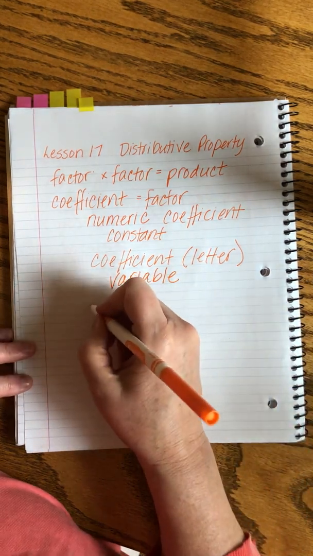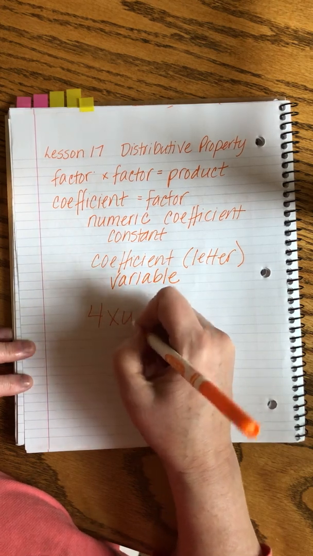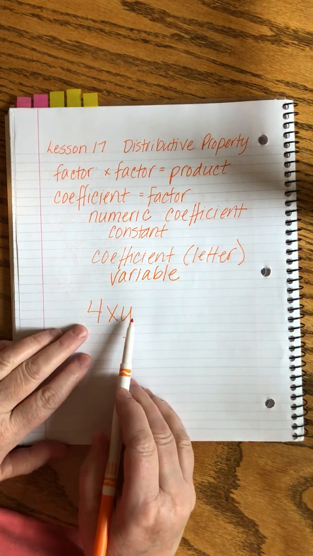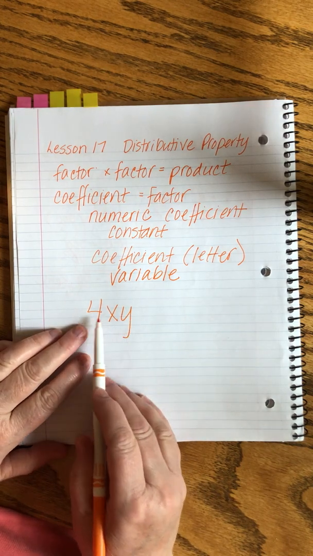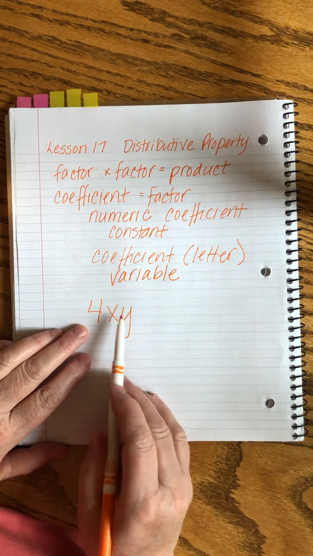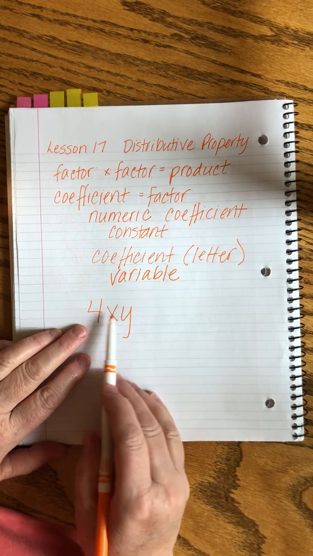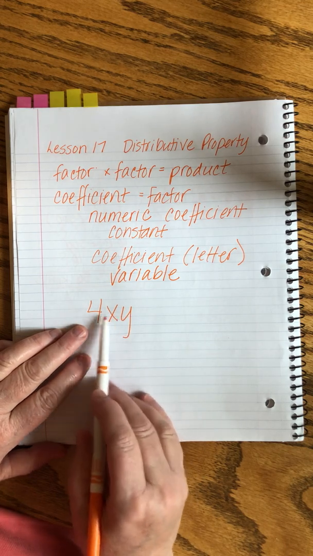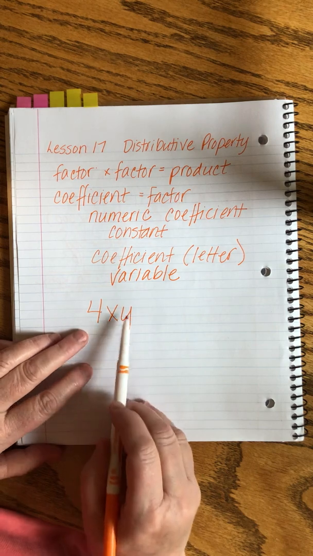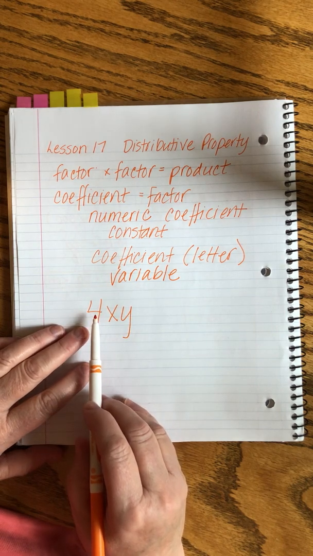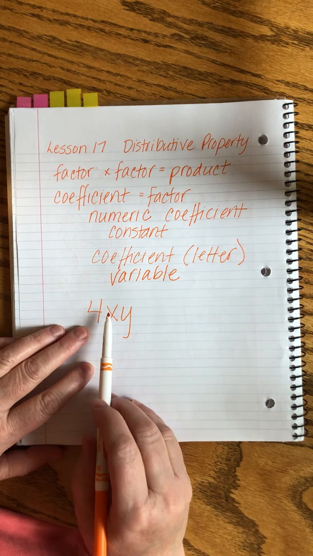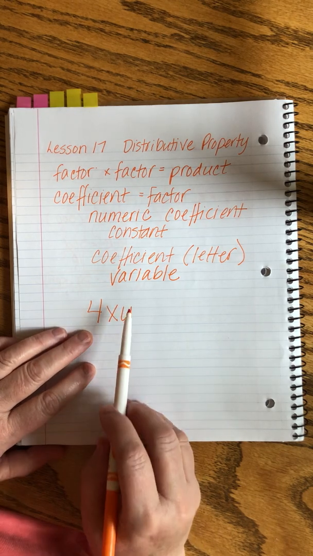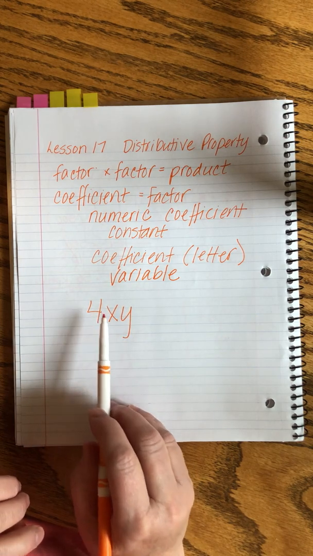So in the example 4xy, this is an indicated product, which means we know we're supposed to multiply. There are three different parts. These are all called factors. So 4 and x and y are each factors in this expression. They're also coefficients. We can say that 4 is a coefficient of x and y, x is a coefficient of 4 and y, and y is a coefficient of 4 and x.